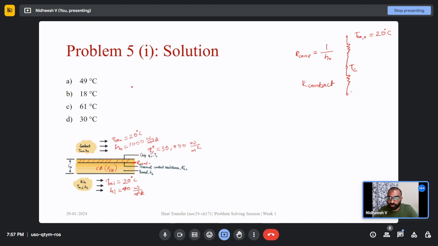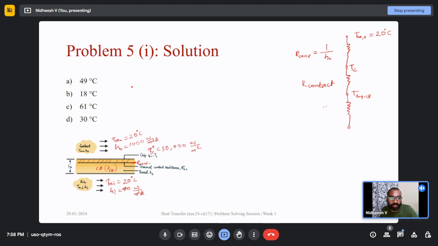And after this contact resistance, we have some temperature at the top of the circuit board.